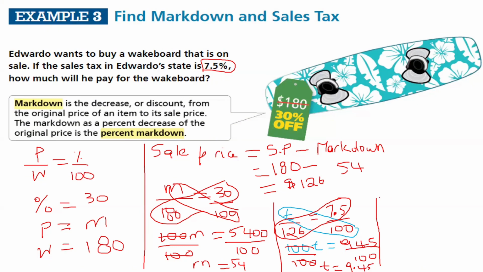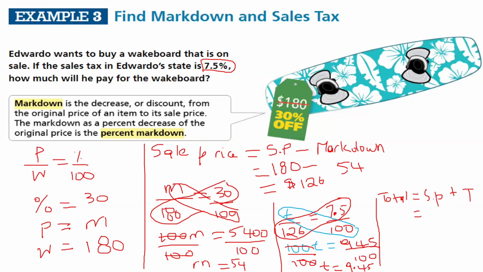So to get the total you will pay for the item, I'm just going to write total here. It's going to be the sale price, which is SP for short, plus T for the taxes.